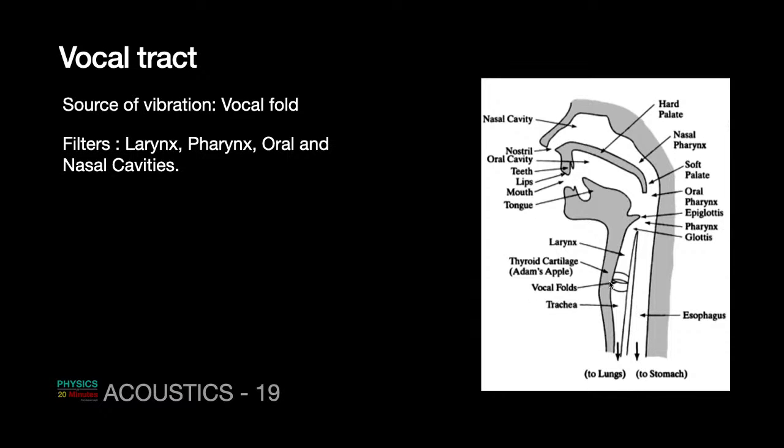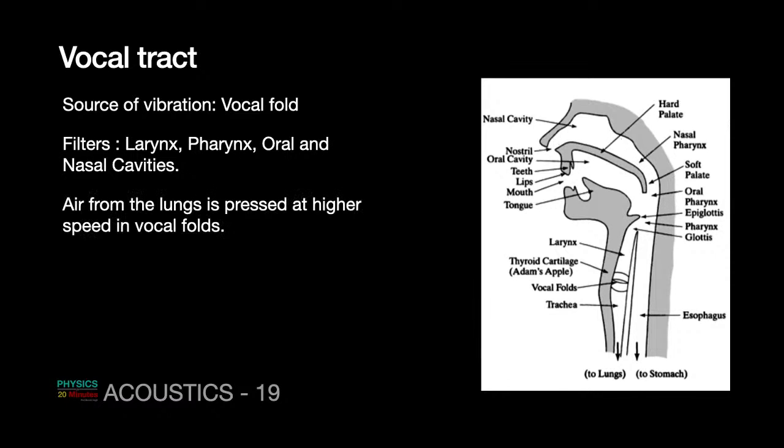And there are different parts of the vocal tract which modulate the basic vibrations produced by the vocal folds. These parts are away from it or above it, like the larynx, pharynx, oral cavity, which includes your lip, mouth, tongue, teeth, etc., and your nasal cavity, which is this one.